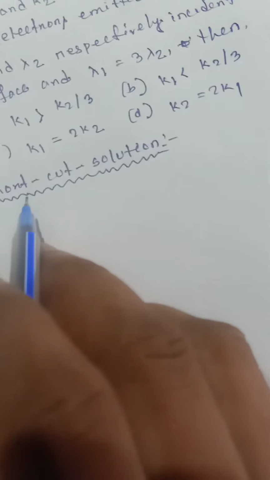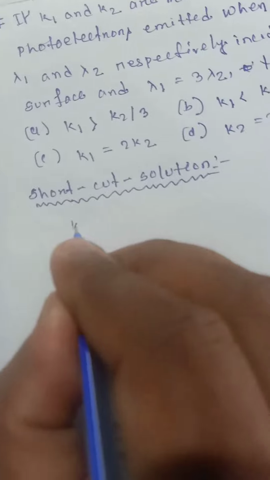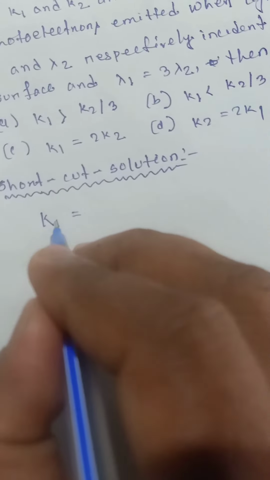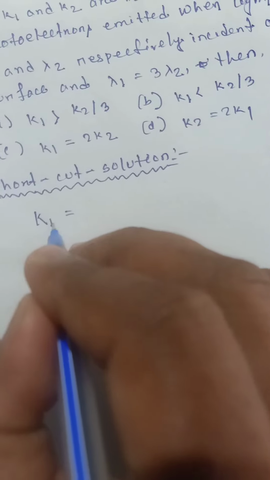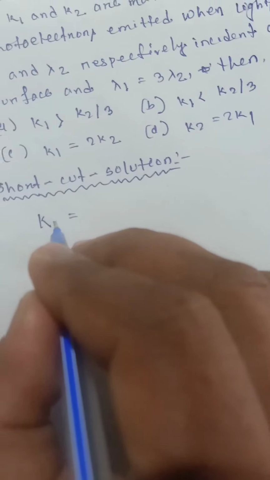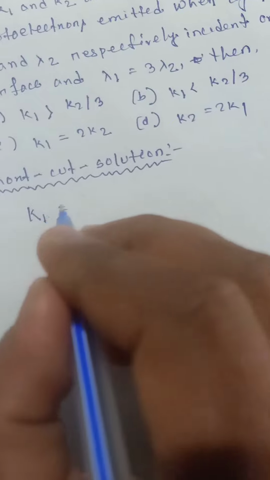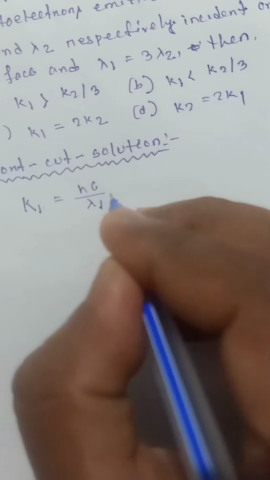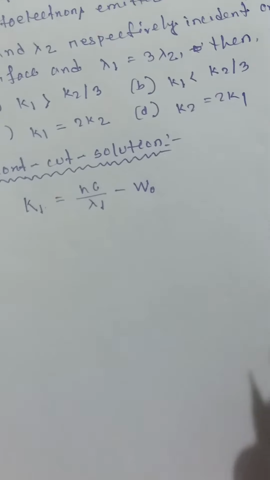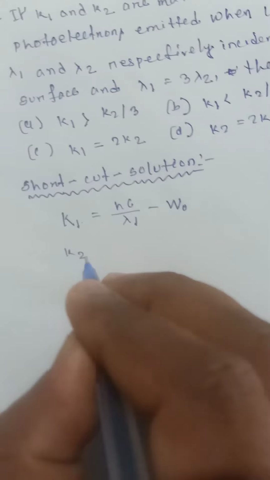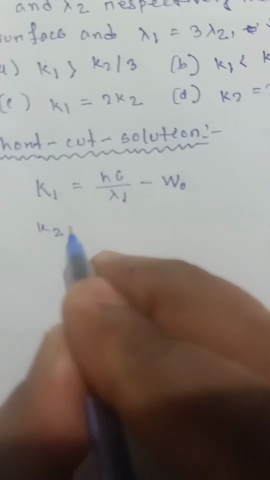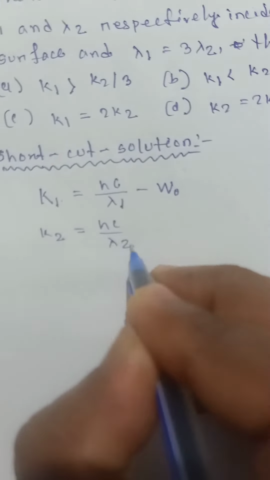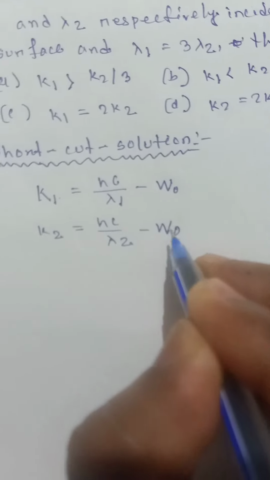Here K1 means the maximum kinetic energy. K1 is equal to hc by lambda 1 minus the work function. Similarly, K2 is equal to hc by lambda 2 minus the work function.